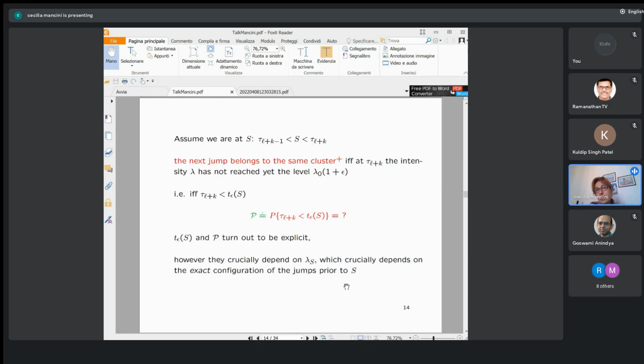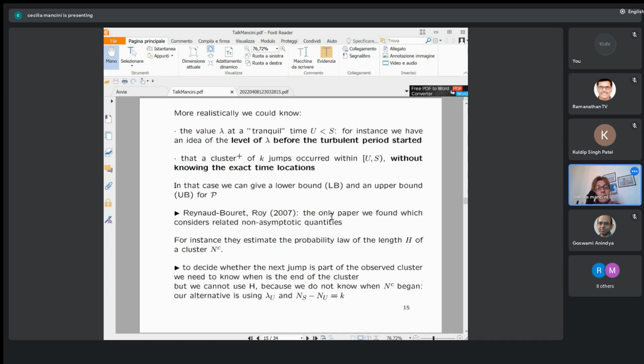So, using the closed formula for this quantity is not feasible. More realistically, we could know the level of lambda at a previous moment u, for instance, when the cluster didn't occur yet.